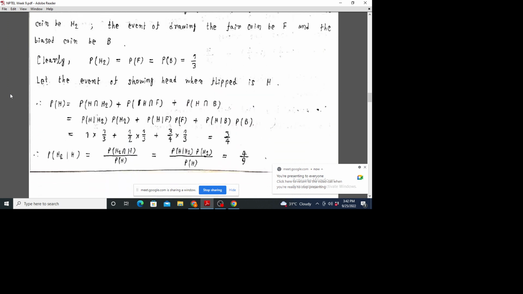That scenario is described by this event: H2, given that H has occurred. So given that head has occurred, what is the probability that H2 has also occurred? For that purpose, again use the definition of conditional probability.